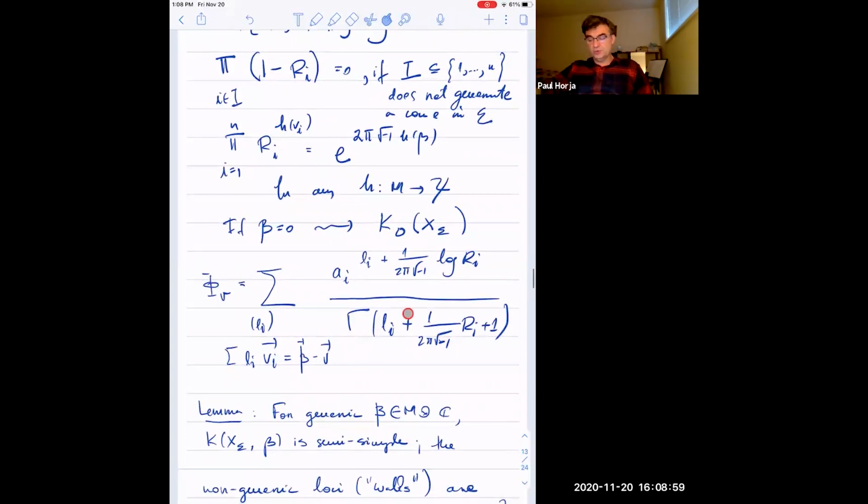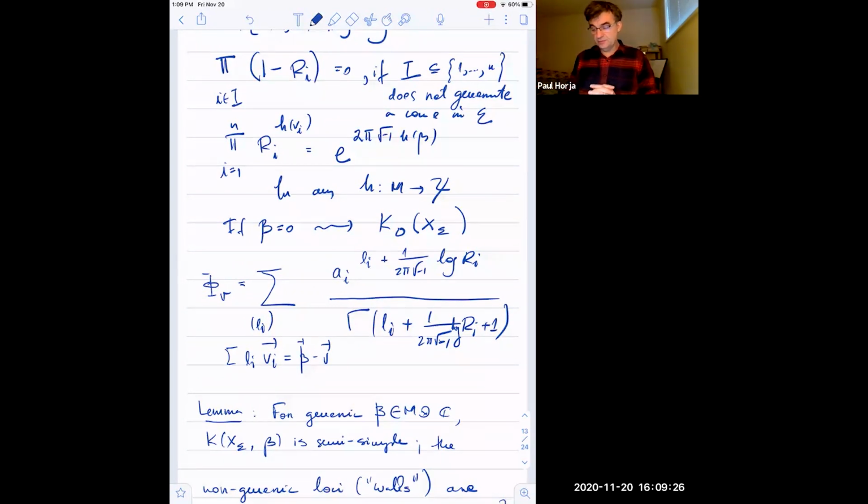So the solutions one writes down are of this form. They contain the gamma functions, and oh, I see something. This should be log of Ri. You make some log choices for the Ri's, and you can think of the Ri's here as kind of operators.